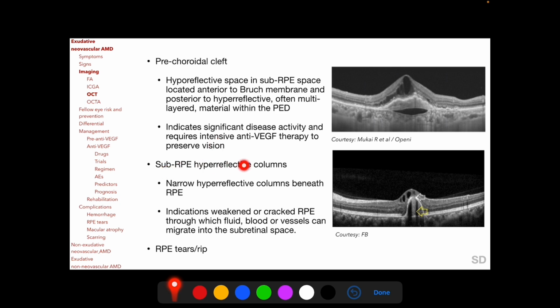Another sign is the sub-RPE hyperreflective column, which appears as a narrow hyperreflective column beneath the RPE, as seen here in this photograph, and which indicates weakened or cracked RPE through which fluid, blood, or vessels can migrate from the sub-RPE space to the subretinal space. And RPE tears or rip, which we will discuss along with the other complications of neovascular AMD.